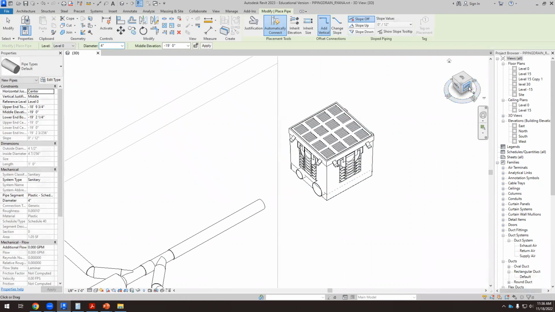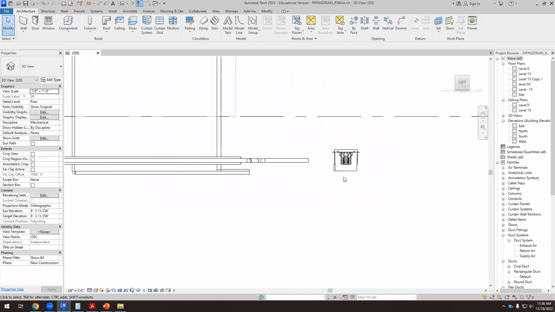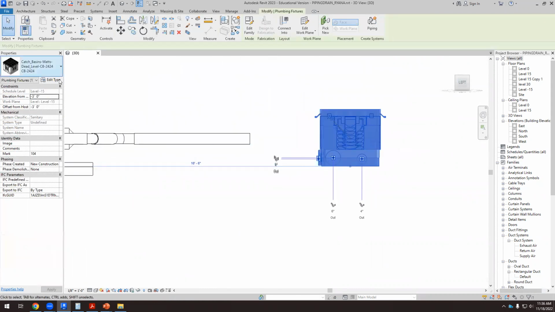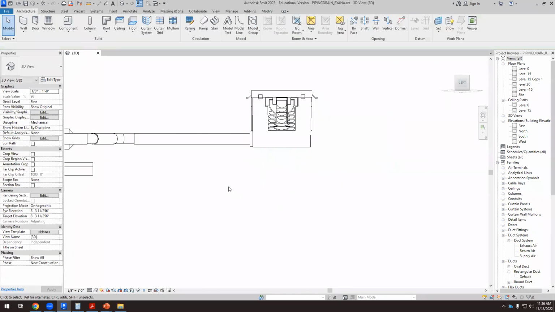To do this, I think we have to have the right level. I'm going to move it here.